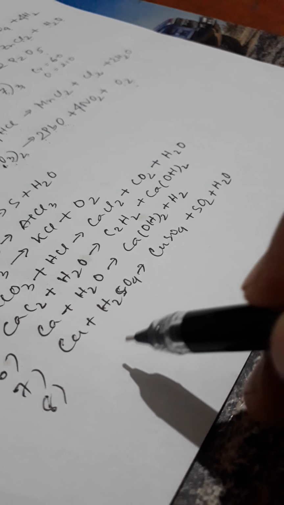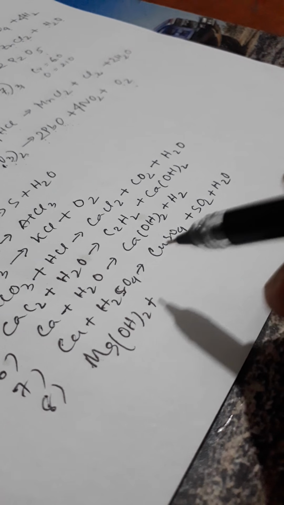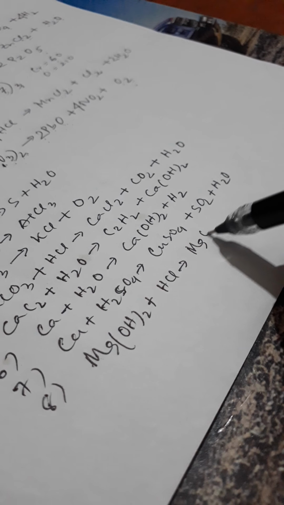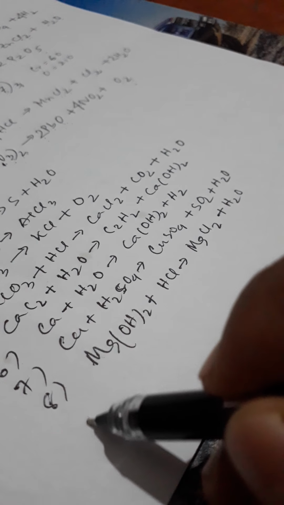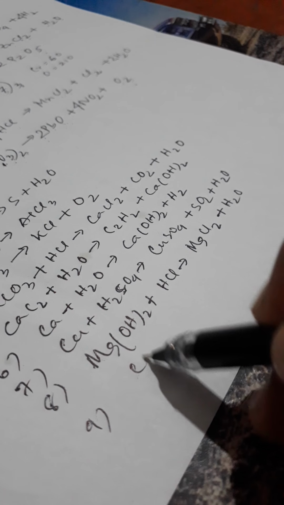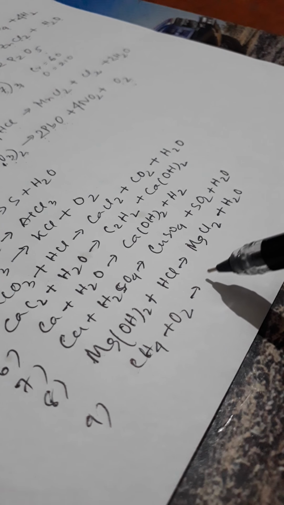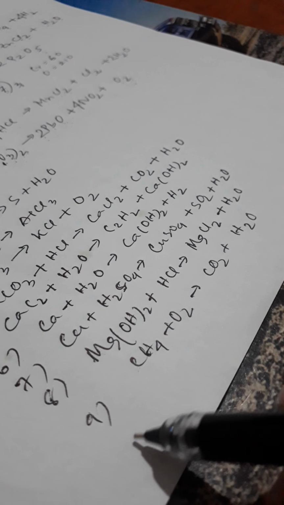Number 8, magnesium hydroxide plus HCl gives magnesium chloride plus water. 9, methane plus oxygen gives carbon dioxide and water.